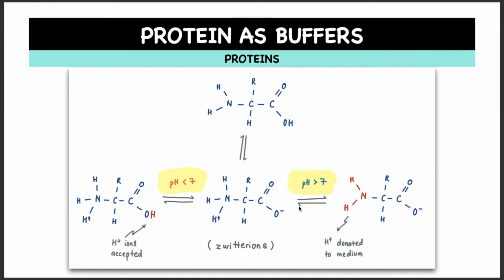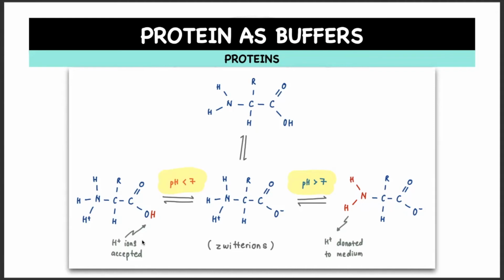Similarly, at low concentration of hydrogen ions, so basically in an alkaline environment when the pH is more than 7, okay, so in a medium where there is low concentration of hydrogen ions, the positively charged amino group loses its proton.